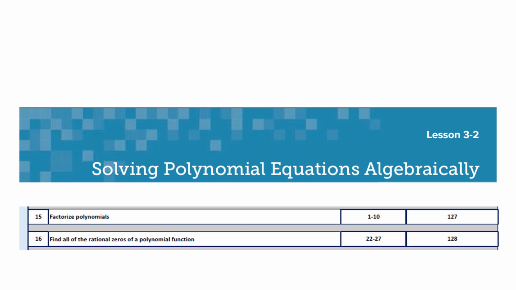So to begin with, in this session, we are going to be covering lesson 3.2, solving polynomial equations algebraically, and we will start with factorization. Now, before we go to the question, I would like to remind you that there is a big formula sheet for this lesson 3.2 that you need to learn and memorize.